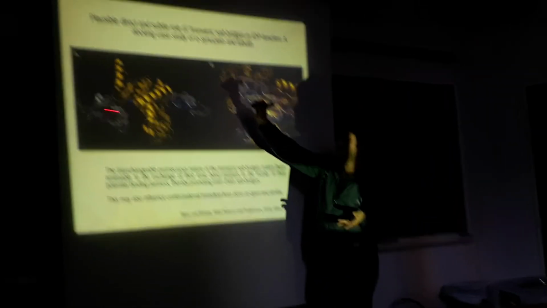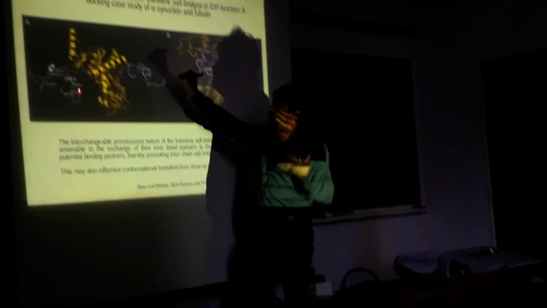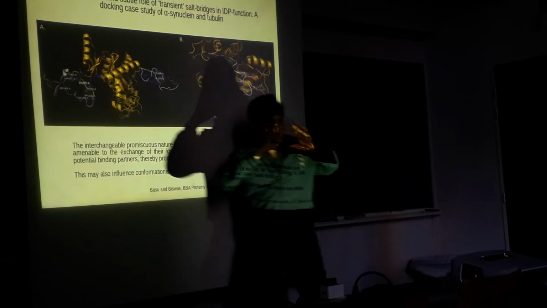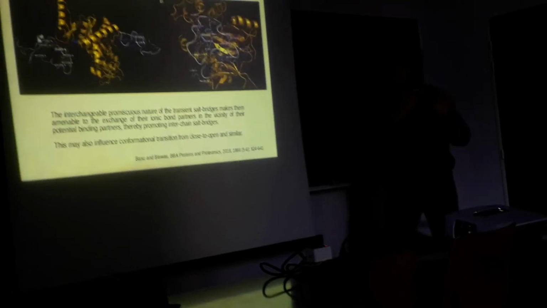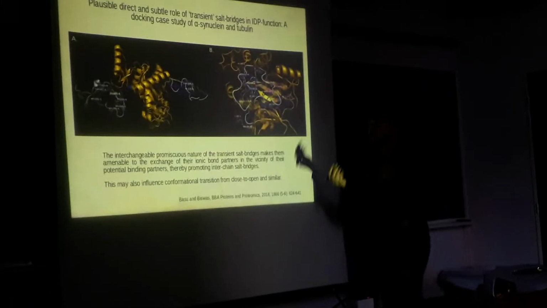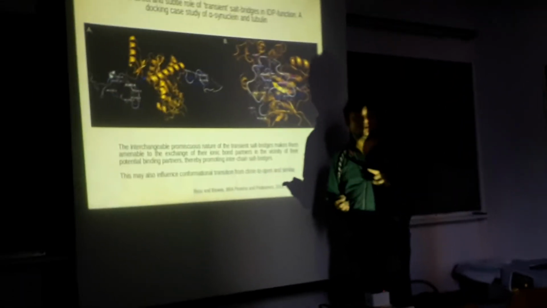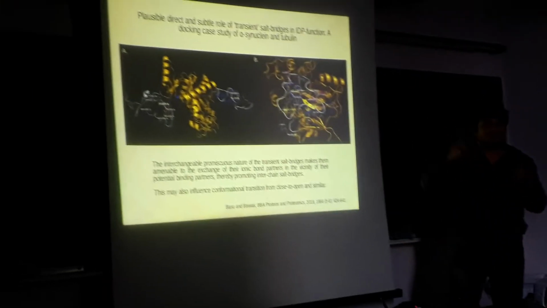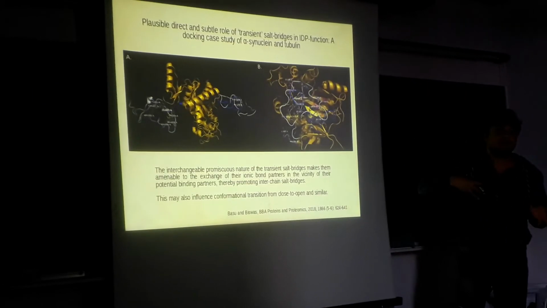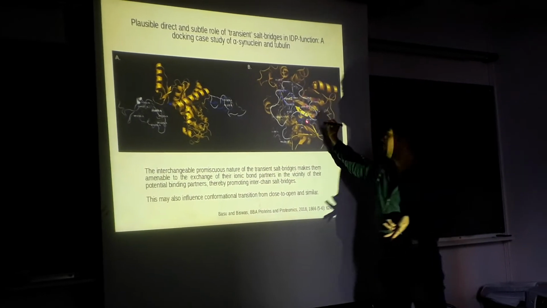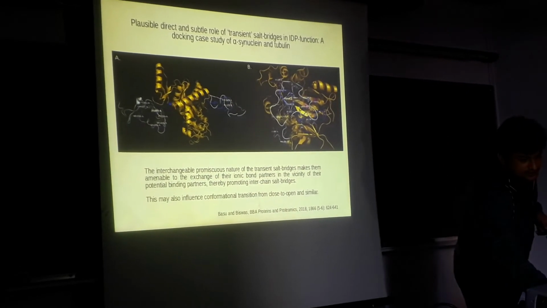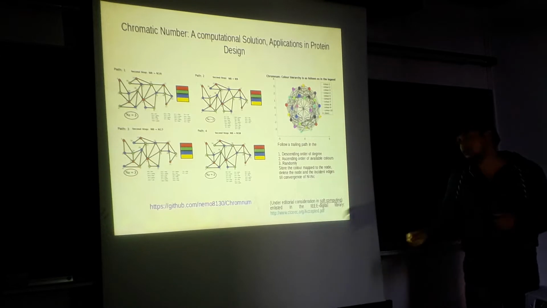One logical explanation is that because they are of fleeting character, forming and collapsing, this makes them amenable to interactions when required. So they are the ones forming these inter-chain salt bridges.